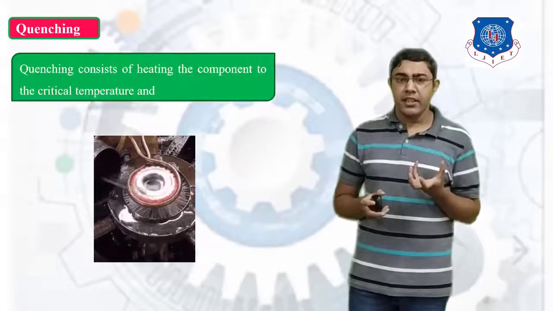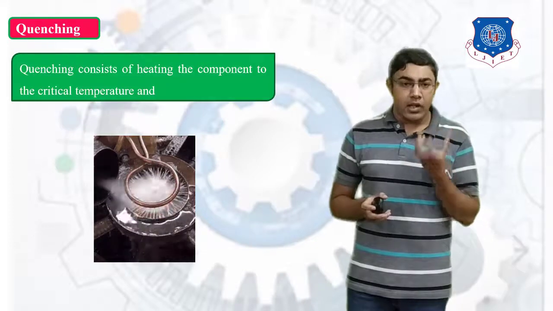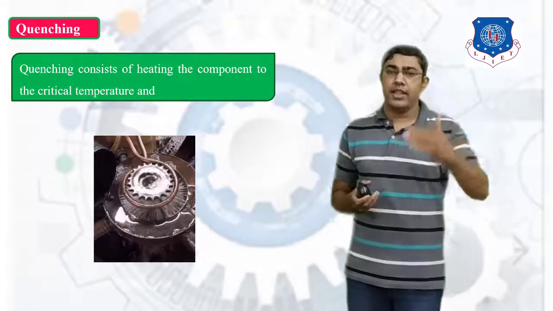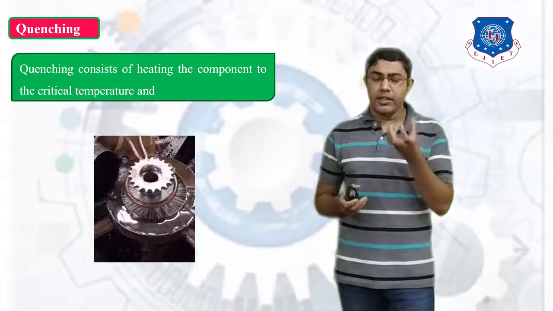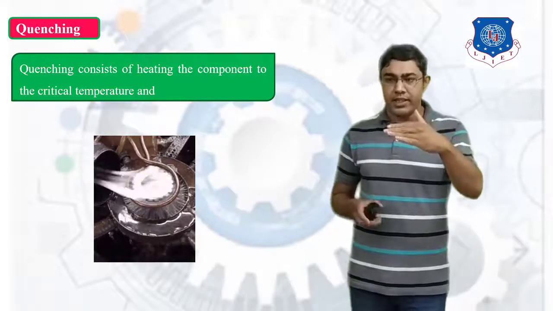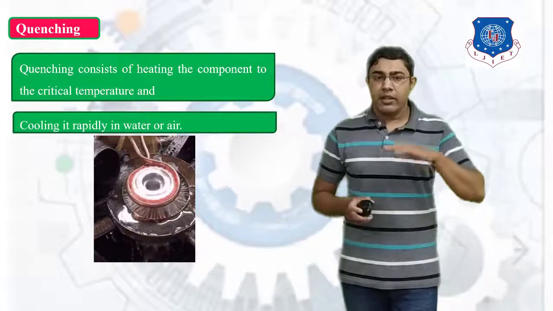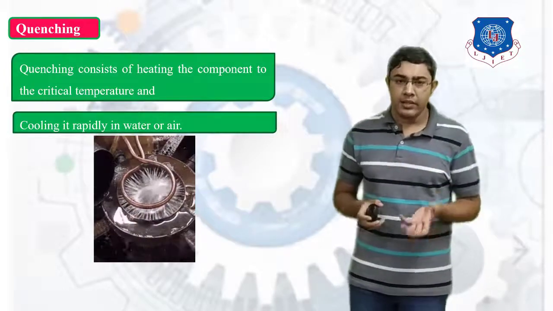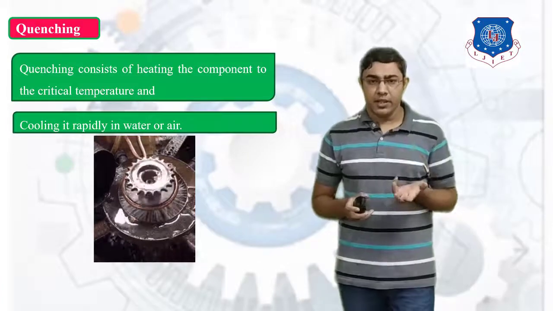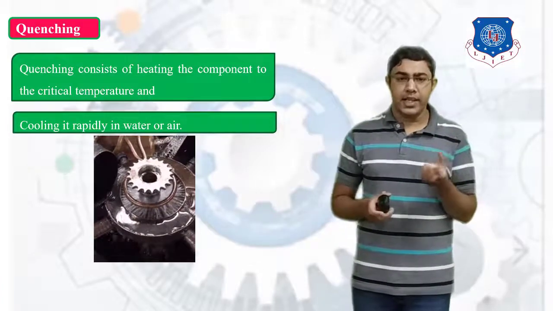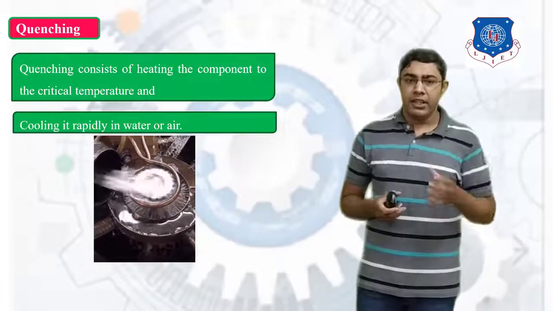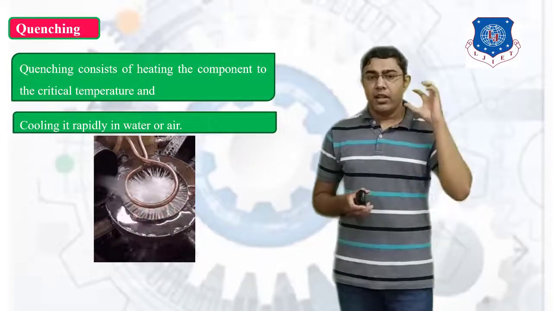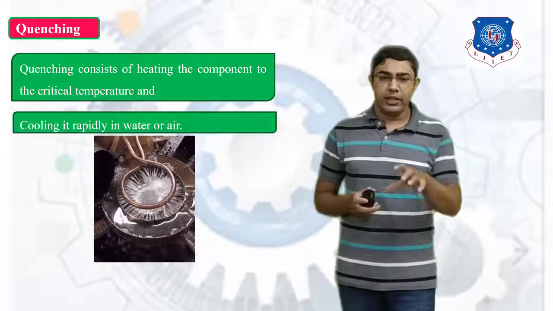Now next is quenching. Quenching consists of heating the component to the critical temperature and then rapidly cooling it in water or air. That is nothing but quenching. As shown in the figure, there is a gear which is heated to the critical temperature and rapidly cooled in water.